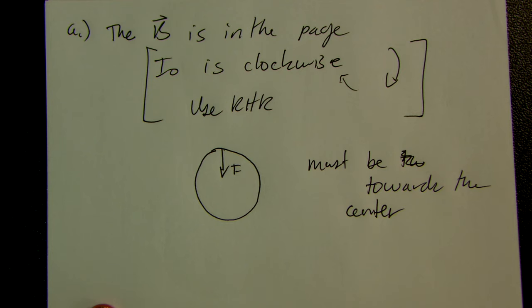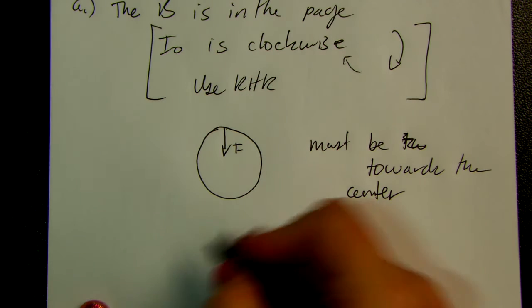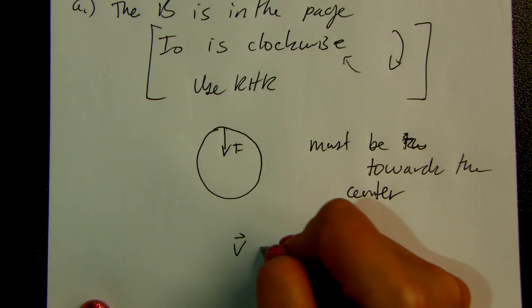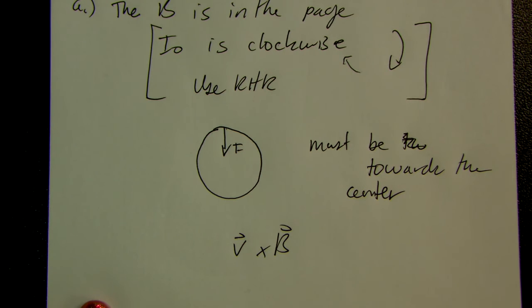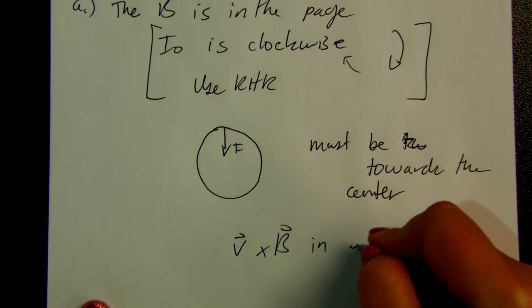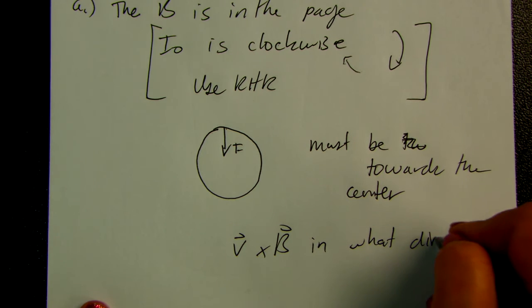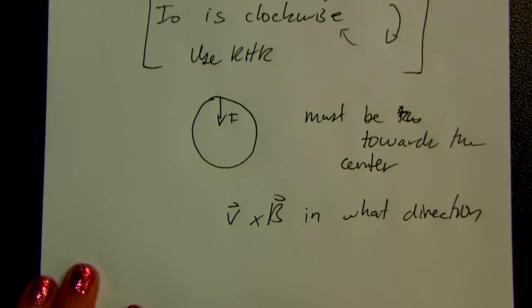So what we're trying to think about is what direction V cross B must be in, because that determines the direction of the force. Okay, let's think about this for a second.